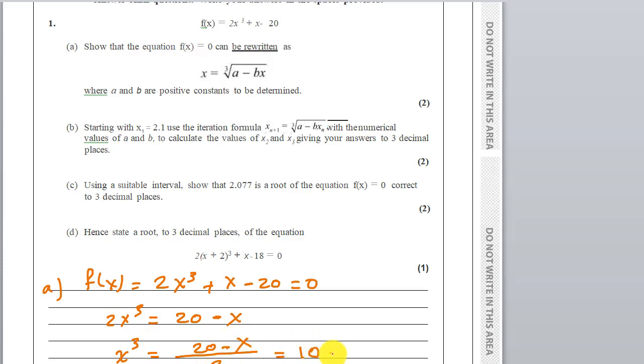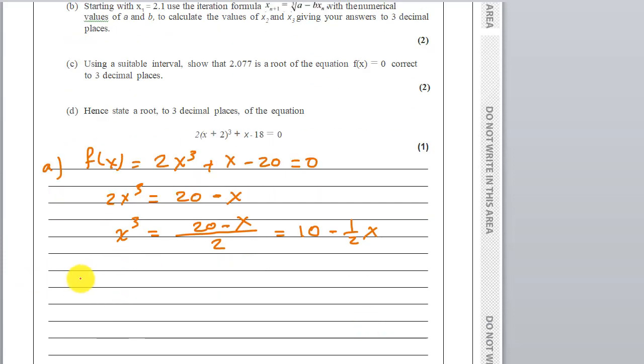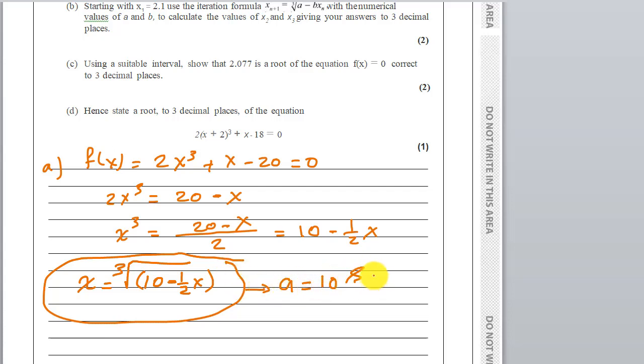So it's 10 - half x. So now x equals the cube root of 10 minus half x. And this is the equation he asked about, where a equals 10 and b equals half.